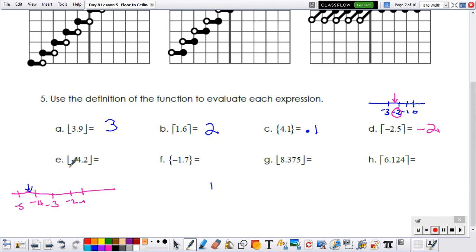And then if we're going to round it down, rounding down takes us to negative 5. Okay. Letter F is a chop it off function, so it's just going to be negative 0.7. Letter G is a round down, and it's a positive number, so it's just going to round down to 8. And the letter H is a round up function, and it's a positive number, so it will round up to 7. Cool beans. Everybody flip to page 28.